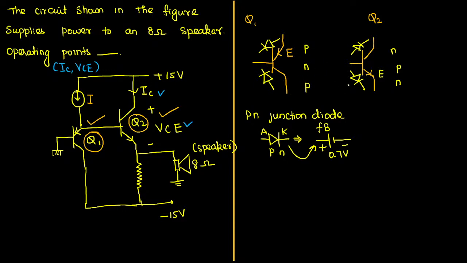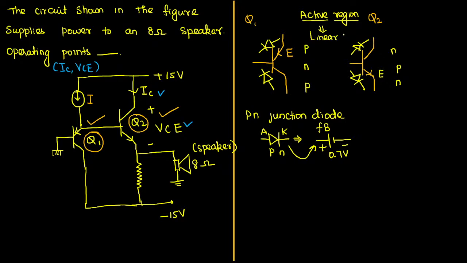And the next thing is, since we are trying to operate our transistor in the active region, the next conclusion: we are always trying to operate our bipolar junction transistor in the active region. It is also called the linear region.